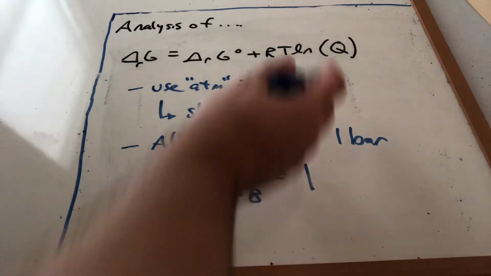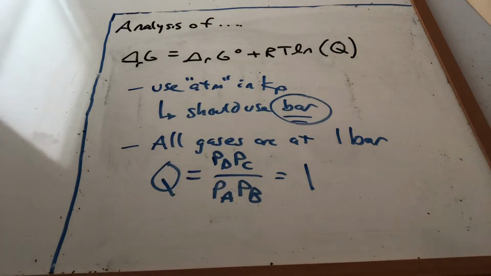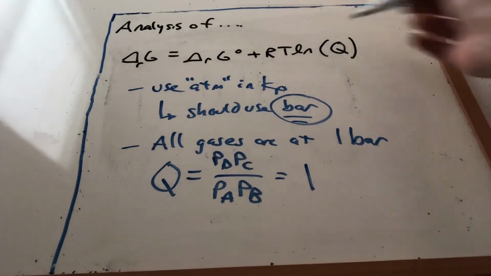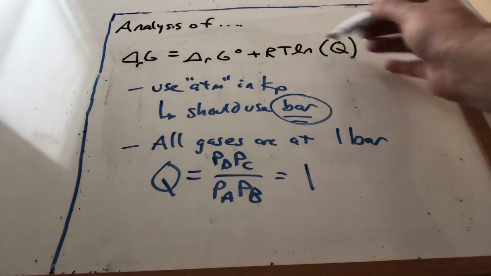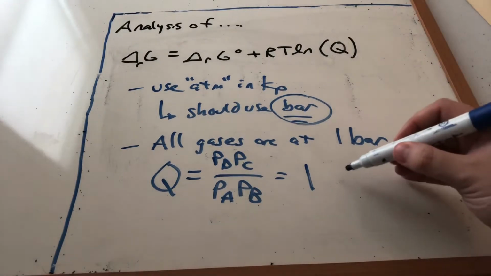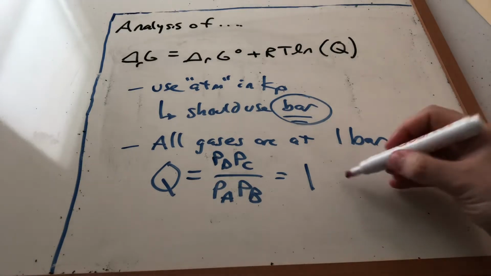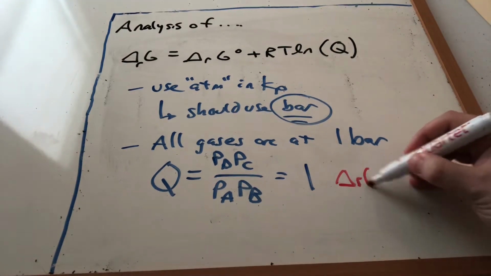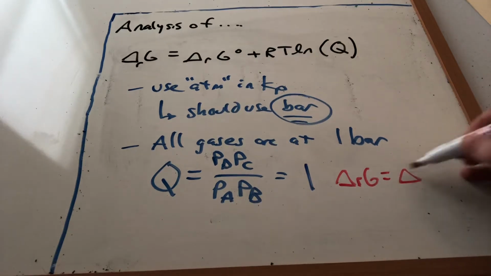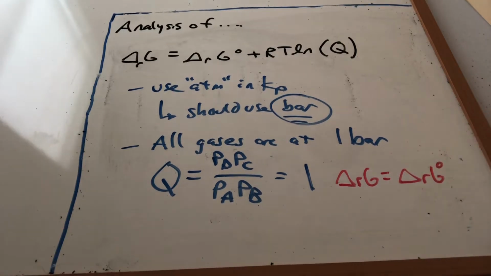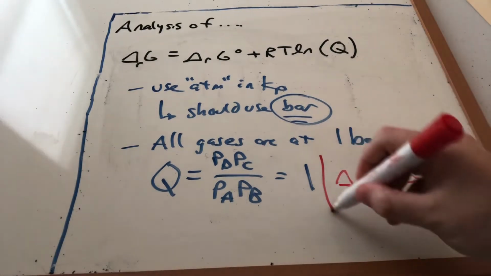Now let's substitute that value into this delta G. Well, what's the natural log of 1? The natural log of 1 is 0, right? So what we end up with in this instance is delta G for the reaction is equal to delta G for the reaction under standard conditions plus 0. But now wait a second, why is this a good result to get?